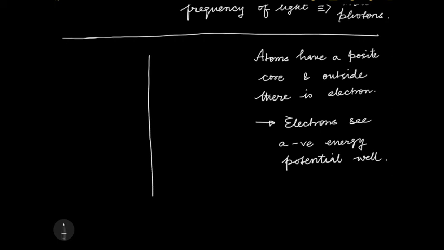So let me draw, in the y-axis, what I am drawing is energy. It can be potential energy or it can be any other energy, and this is potential equal to 0, and the electrons always see a negative energy, so the electrons can be up to this.